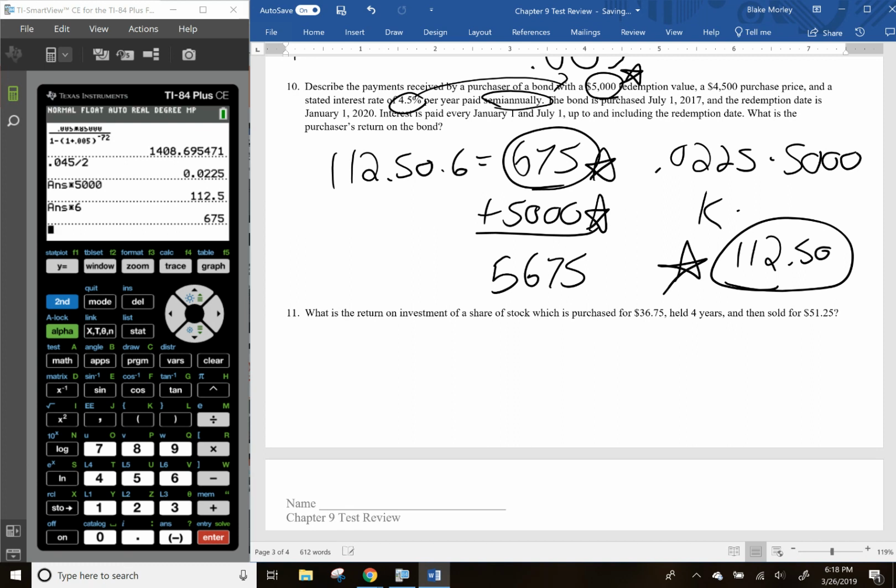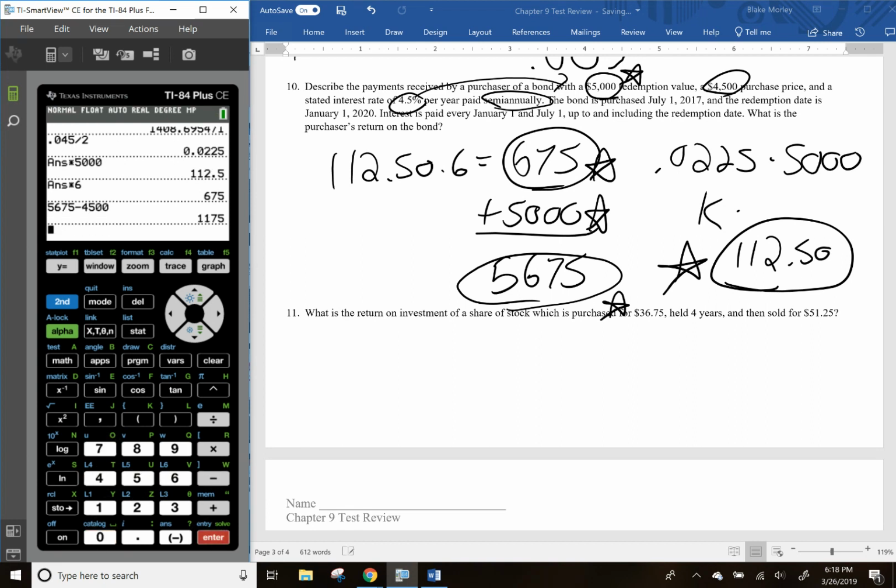Now, the thing is, we want to find out our return. So our return is how much money we made from this off of our original investment and the percentage of that. So we want to find out how much more money this is than the 4,500. So if you take your answer, the 5,675, subtract the 4,500, this will tell you how much money you made. So we made a profit. We profited $1,175.